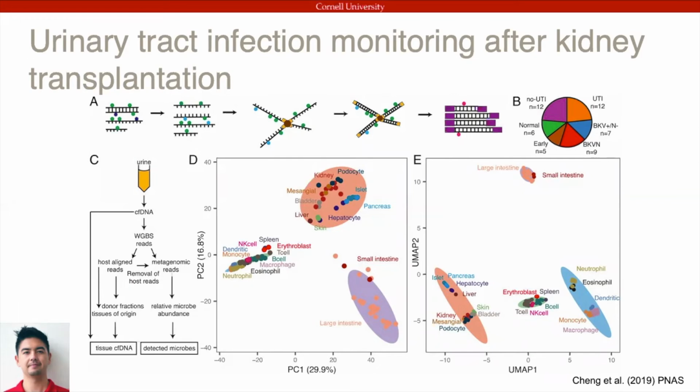In this first study, we wanted to see whether we could monitor urinary tract infection after kidney transplantation. So we performed whole genome bisulfite sequencing on urinary cell-free DNA in individuals who had kidney transplants. These individuals were further broken down into 6 subcohorts.